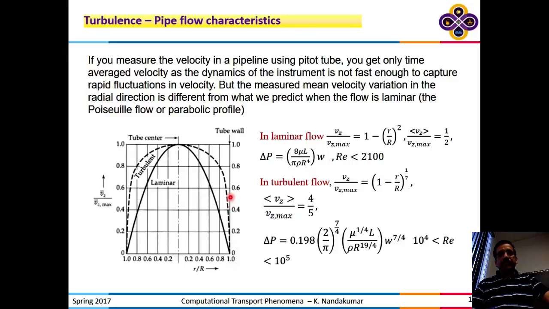And the steeper gradient tells you what? That's the shear stress, right? The gradient of the velocity gives the shear stress. So the shear stress is large. That means the energy loss, the force times the velocity, is very high near the wall.